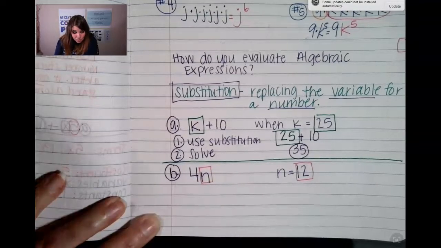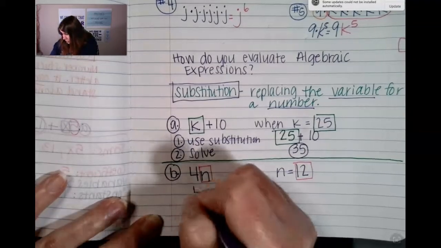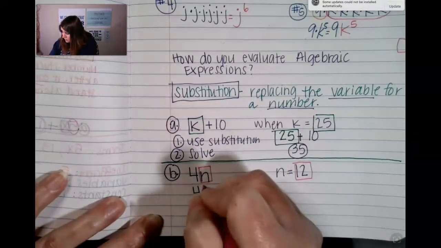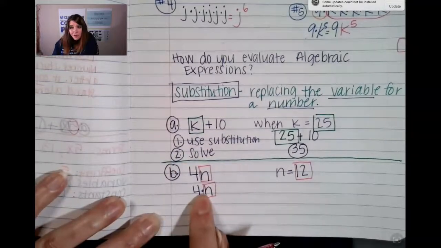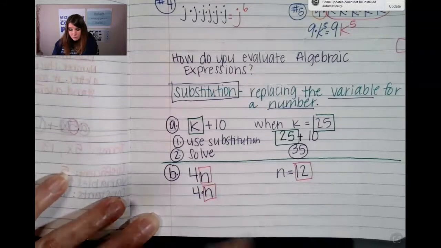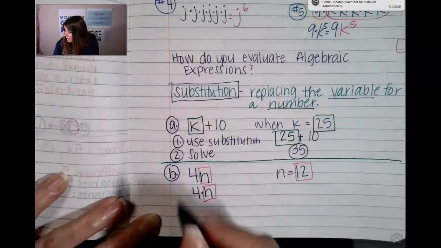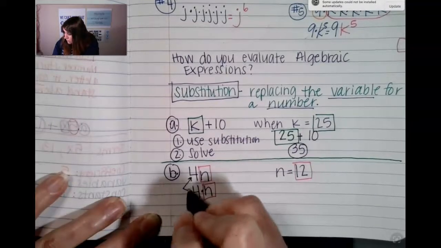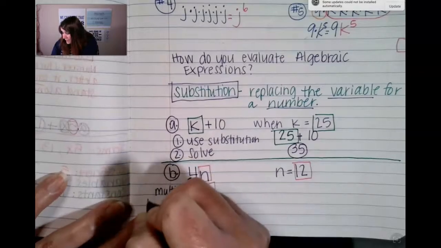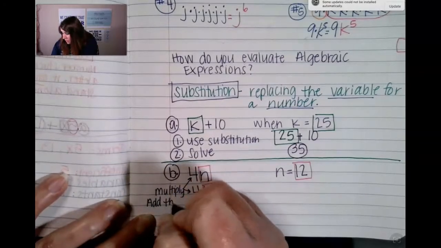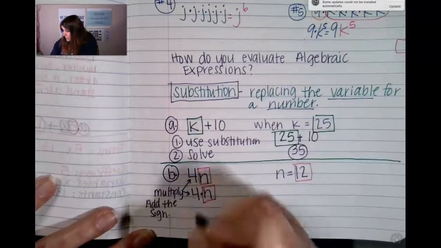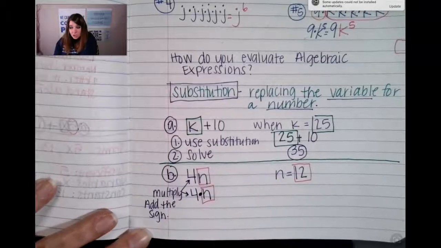So I actually really need to do 4 times n. Now that I have a dot in the middle there, I am ready to substitute and multiply because this problem here was supposed to be multiplied. So I need to remember to add the sign. Otherwise, I won't multiply. That's really, really important that I add that multiplication.